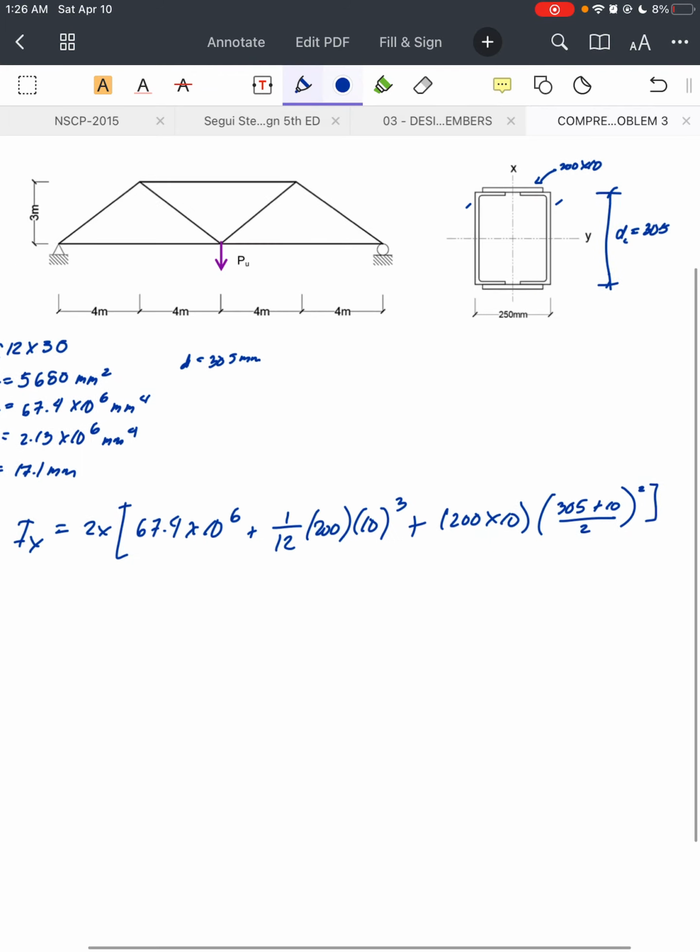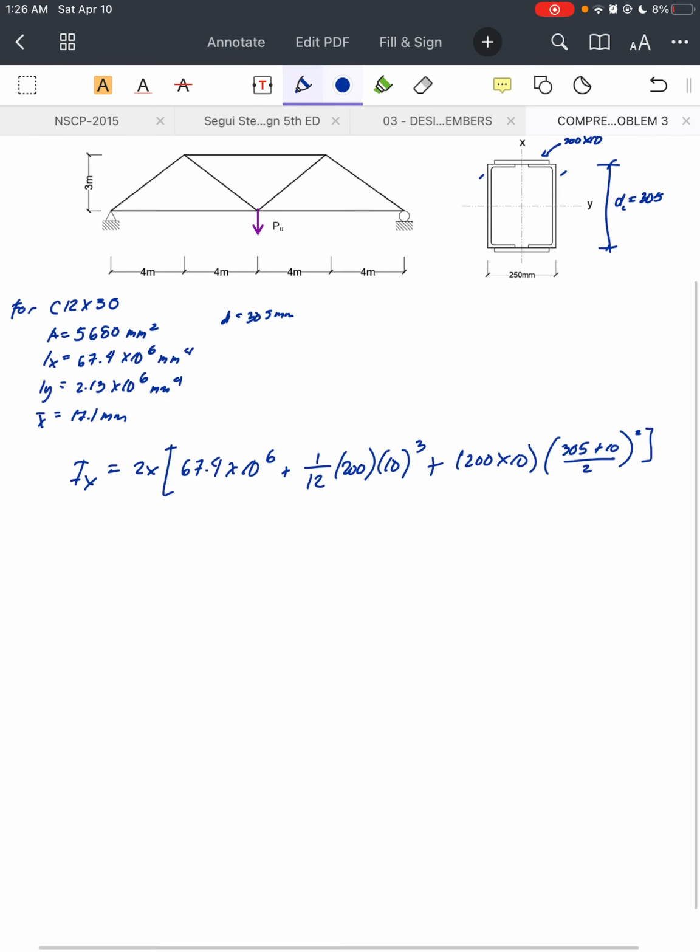By computing the whole equation, you have for your moment of inertia along x-axis 234.05 times 10 to the power of 6 mm to the fourth.